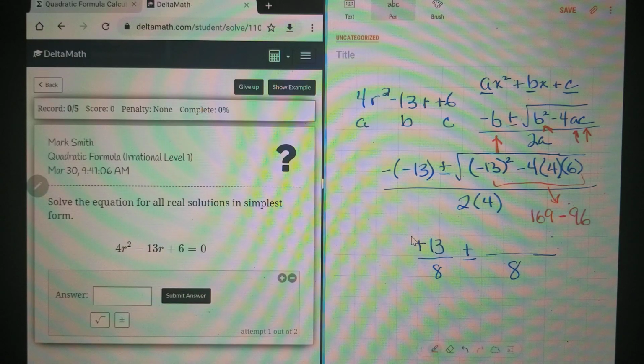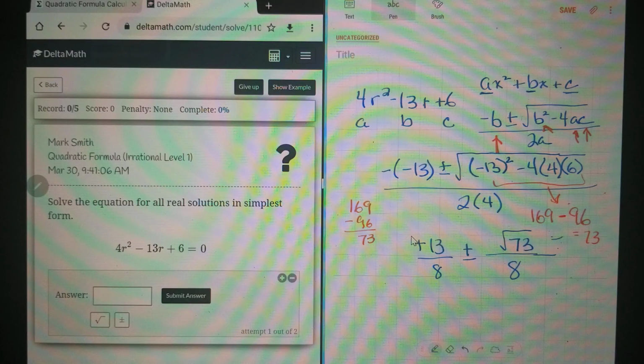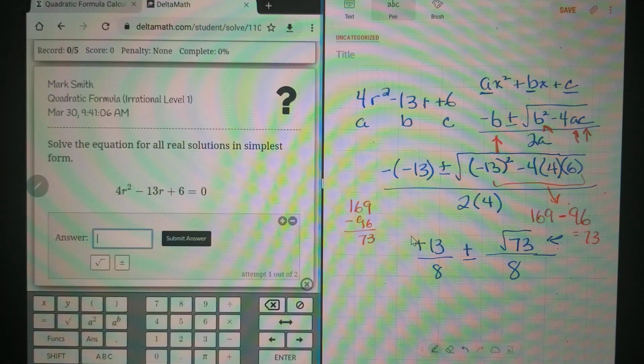I'll do that little math over here: 169 minus 96, and we get a 3 and a 7. So this is equal to 73. Now I have to keep that under the radical, 73, so that goes there. And there's my answer.